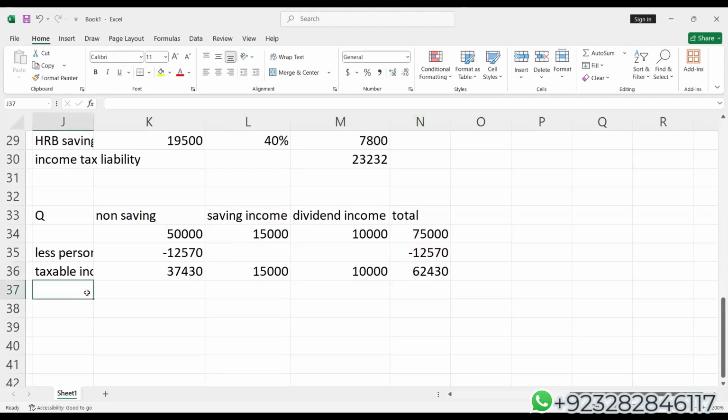Obviously, first we have to apply tax rate on non-saving. Can I say the basic rate band is 37,700? Entire 37,430 actually falls in basic rate band.